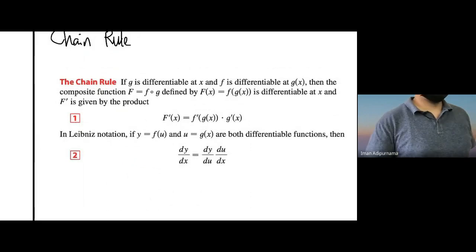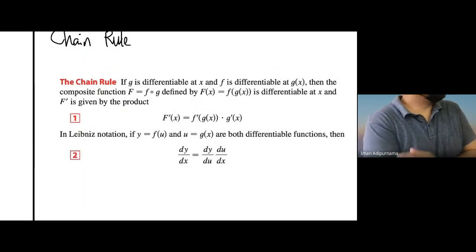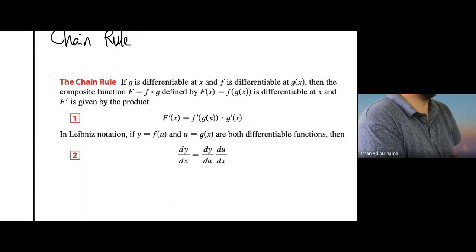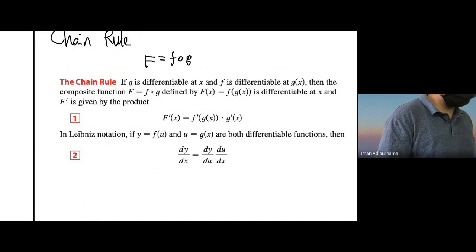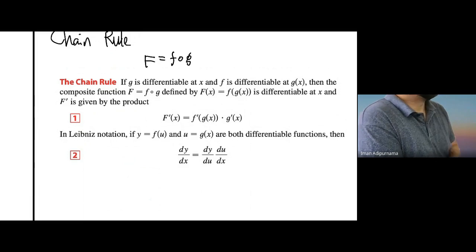Okay. So the first thing is we need to know all the functions in the composite. We have the composite here. The composite f is, let's say, this. Every function in the composite is differentiable. That's the first thing you need to know and keep in mind.